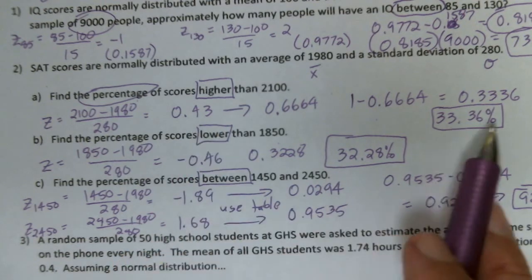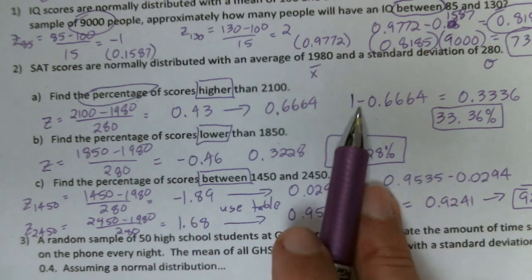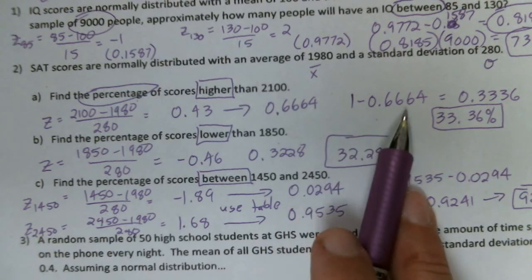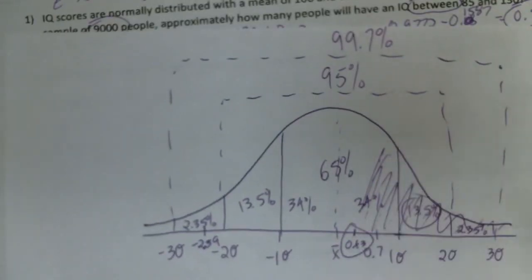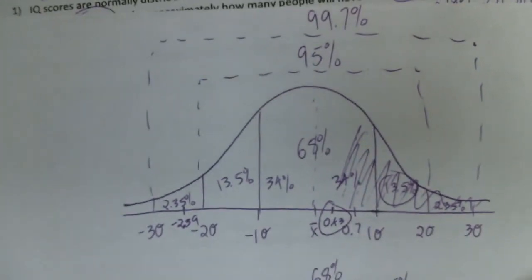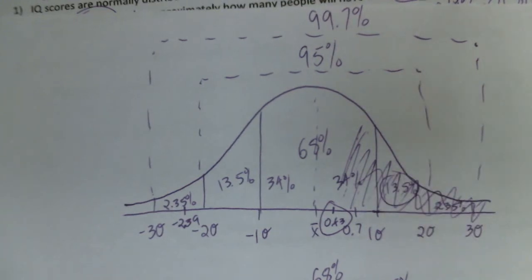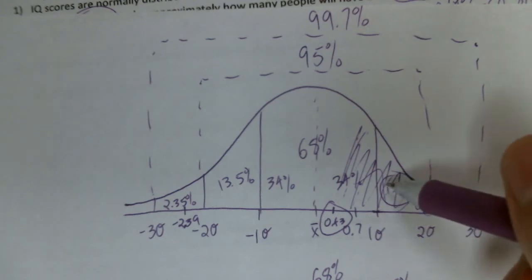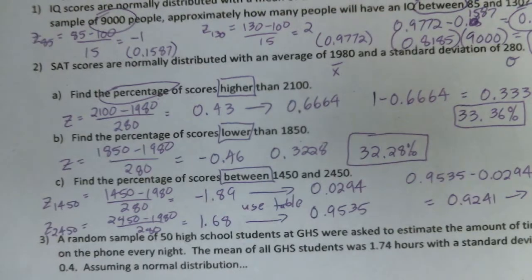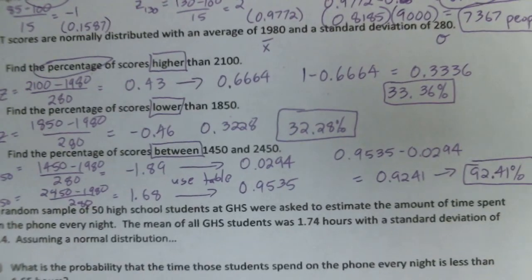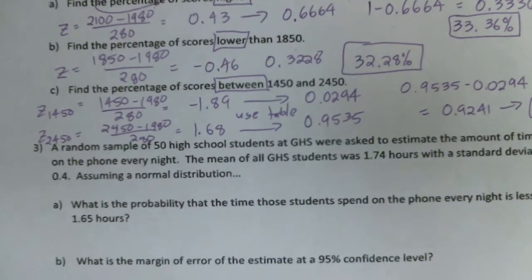If you don't subtract this from 1, if you made a mistake, your final answer would be 66.6% of the data. So you're saying I'm sitting here at a z-score of 0.43, and all the data to the right of that is 68%. You're saying that two-thirds of the data is just over on this little part over here. Okay, so use some common sense when you get these numbers. Ask yourself, does that make sense? Do I buy my answer?